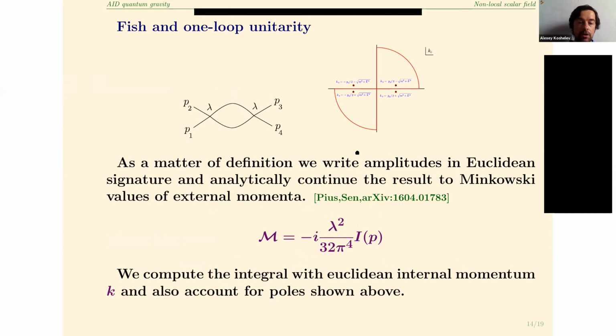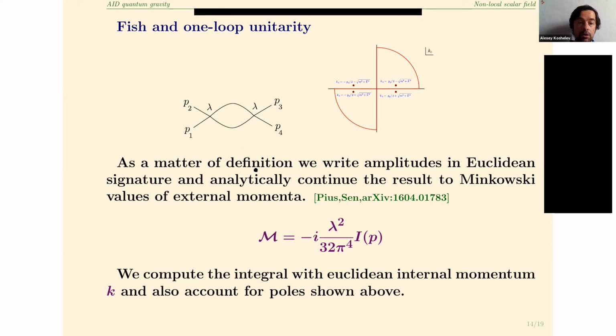And the procedure assumes that all the computations related to loop momentum must be done in Euclidean space, and then results should be analytically continued to Minkowski space as long as we want to find a somewhat physical result with respect to external legs of the Feynman graphs.